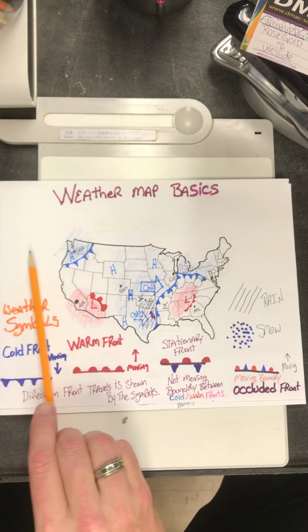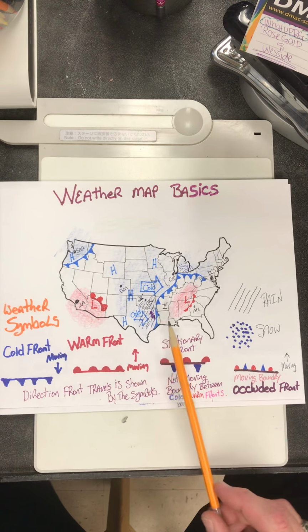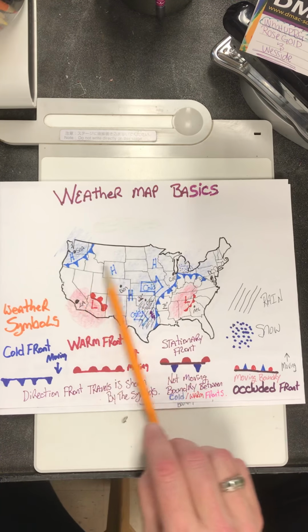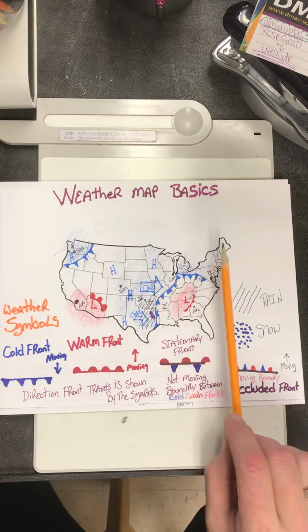That's based on the rotation of the Earth on its axis. As the Earth spins on its axis, your weather patterns move from west to east.